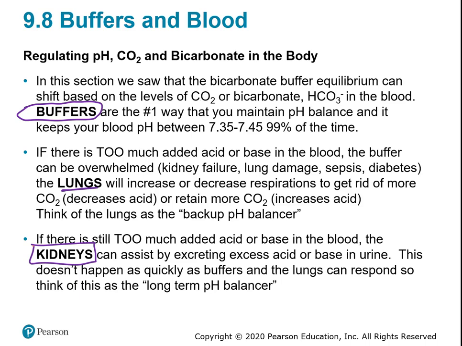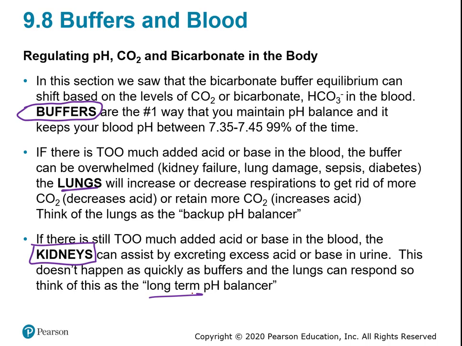I always think of the kidneys as the long-term balancer. So buffers, your respiratory rate, and kidney filtration are the three ways you balance the pH and keep it constant through your entire lifetime.